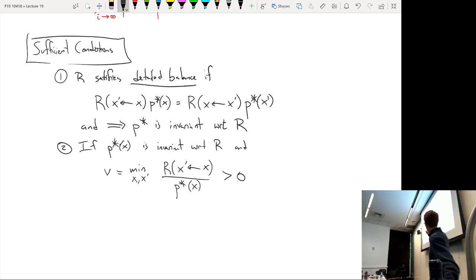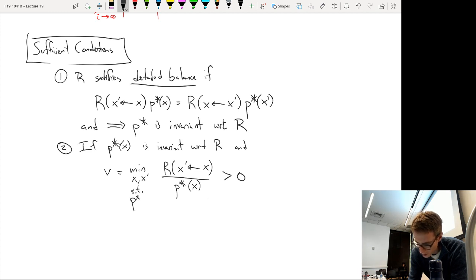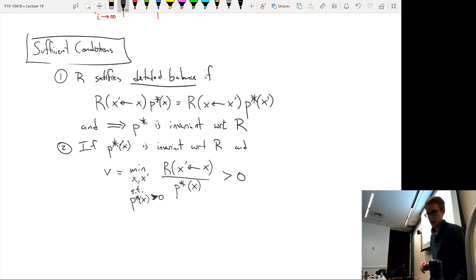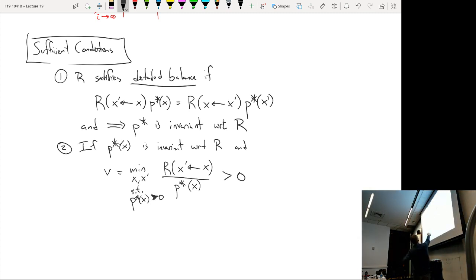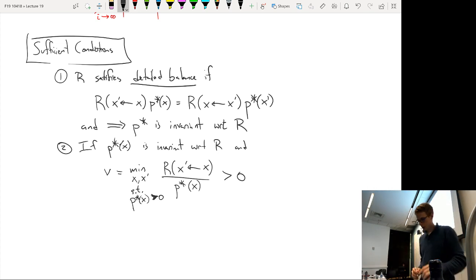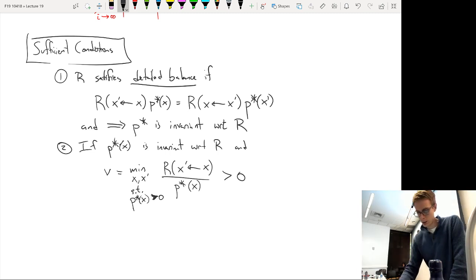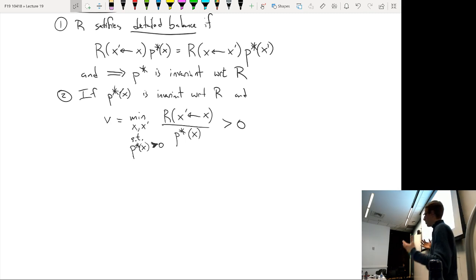Okay, but we need to be careful here because when we're looking at all x and x prime, we need to make sure that we're only thinking about cases such that P star of x is greater than 0. Right, so we don't want the denominator to be 0. Okay. So what is this minimum actually telling us?